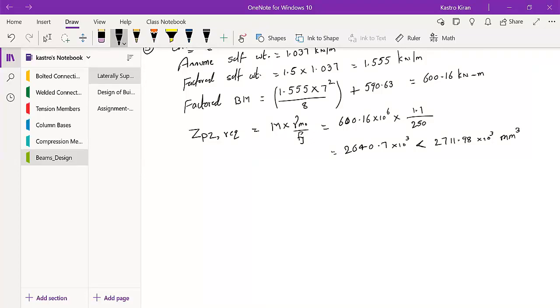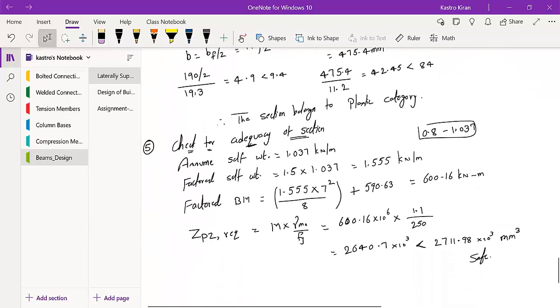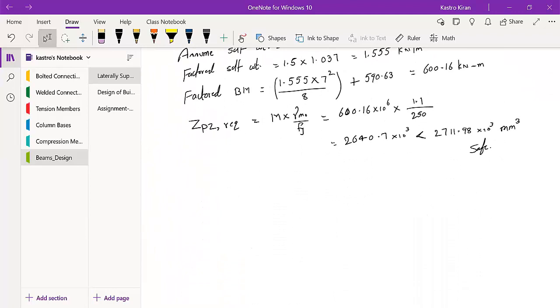Only if this condition is satisfied can you consider it as a safe section. If this condition fails, then you have to revise the section and go for the next possible section. That's how the section adequacy is checked.